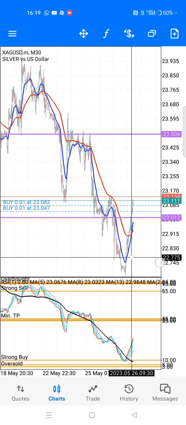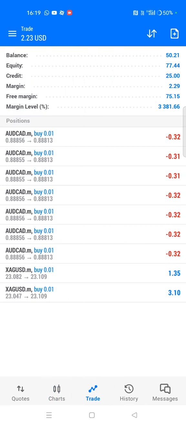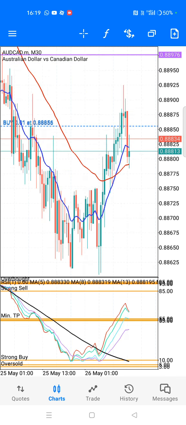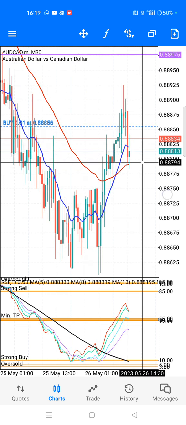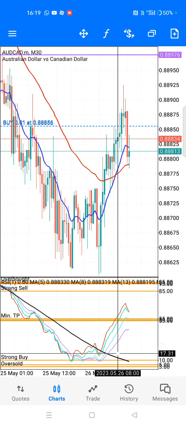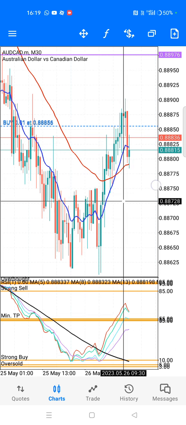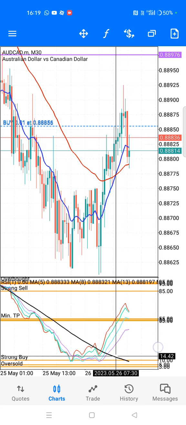For me, I won't enter that because it's a bit risky. See? You see what I mean? Now it's in a loss for Australian Canada. Yes, all these 5 moving averages have crossed, but then look at what happened.